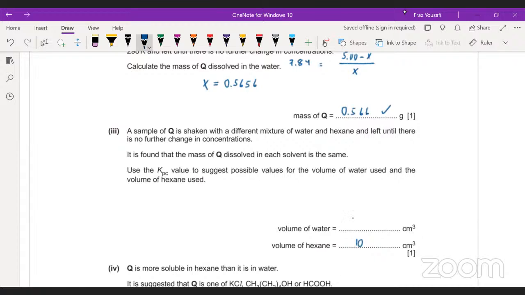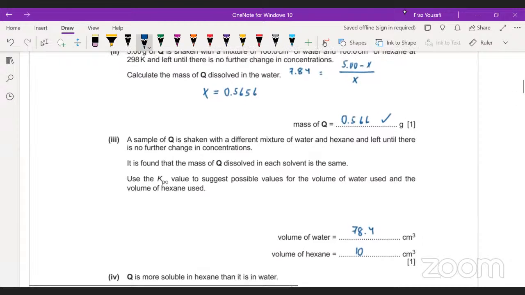In that scenario, the volume of water would need to be 78.4 cm³. Then and only then could I possibly dissolve the same mass of solute in these amounts of solvents. Now, if I went from 10 to 20, then I would have to scale the volume of water accordingly as well.